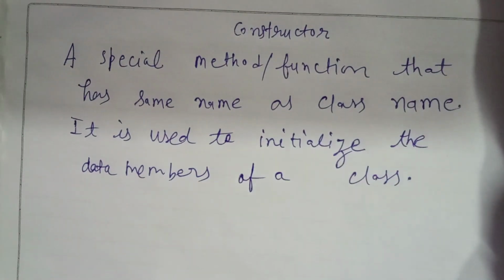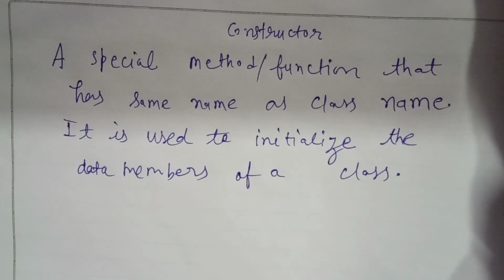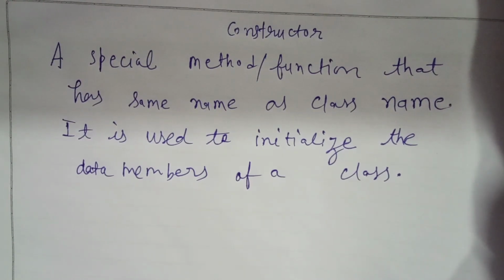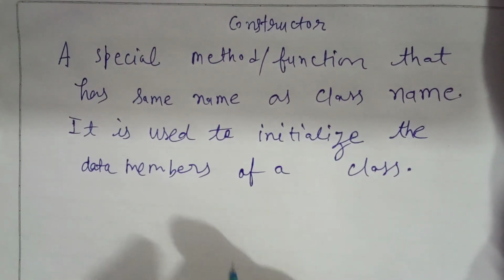Data members means the variables declared in the class. They can be initialized by the constructor. Okay, and how constructor is called? Constructor is automatically called when we create the object of that particular class.